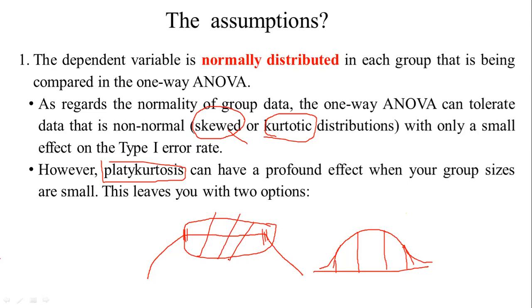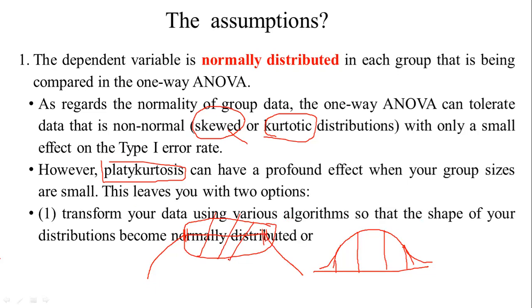And this one will leave you with two options. One of the options is to use some logarithms that will correct your data so that it can give you a normally distributed data.